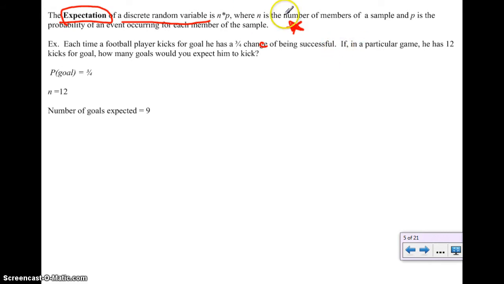Even before you know the definition of expectation, if he tries to score with a 3/4 chance every time, and he has 12 chances, you take your 12, multiply by the 3/4, and we get a 9 goal possible outcome. Just reading this example, that's what makes sense in real life, and that's exactly what's happening here as well.